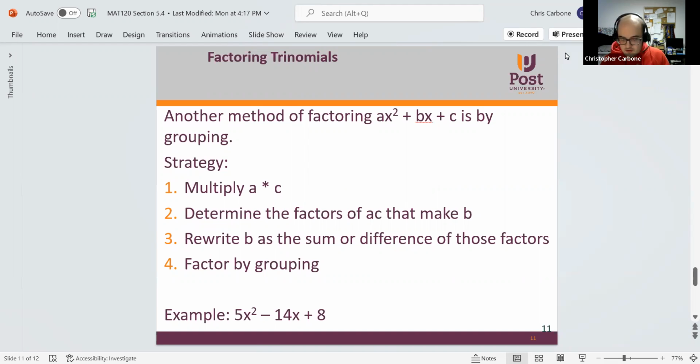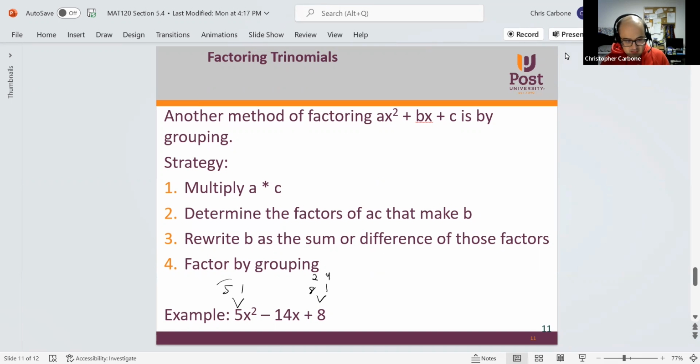So to first show what we just had on the last slide, let's do that factorization first. The factors of 5 are 5 and 1. Factors of 8 can be 8 and 1, and 2 and 4.